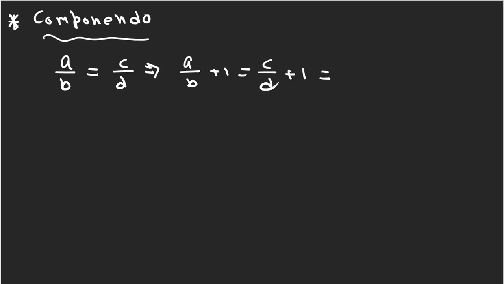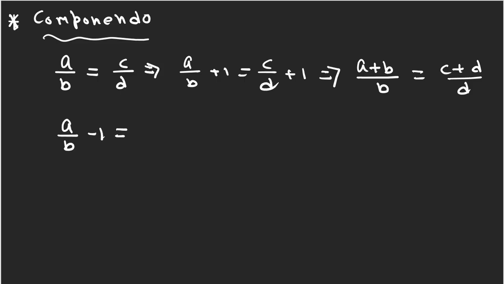No change, we have added 1 to both sides. So now it will become A plus B divided by B is equal to C plus D divided by D. Now suppose that we subtract 1 from both sides. So we'll get A by B minus 1 is equal to C by D minus 1. So from this we'll get A minus B by B is equal to C minus D by D.